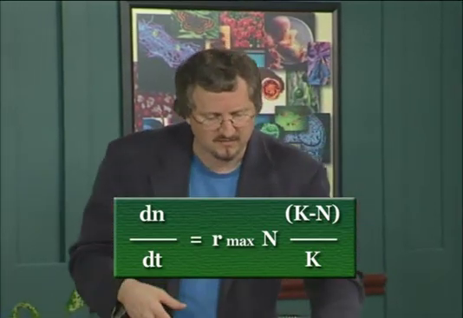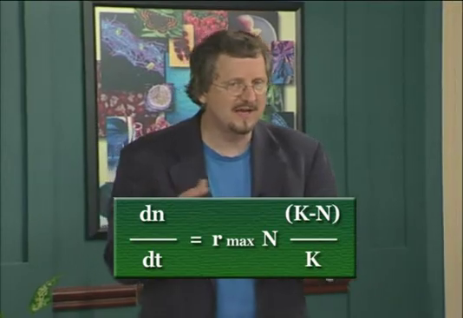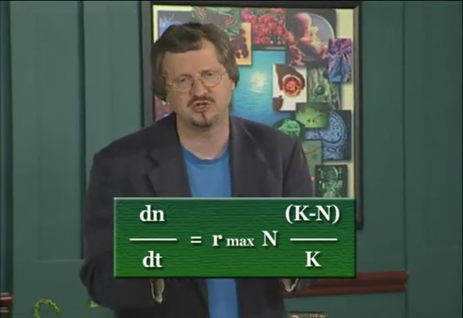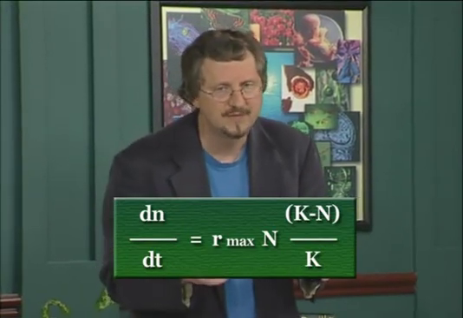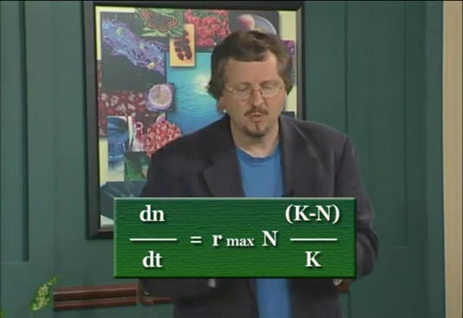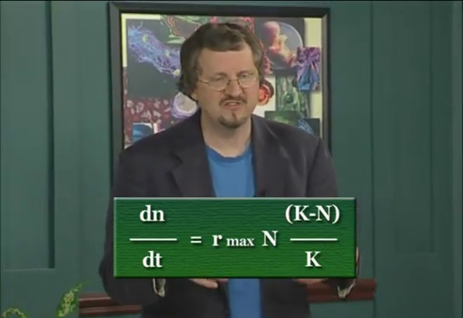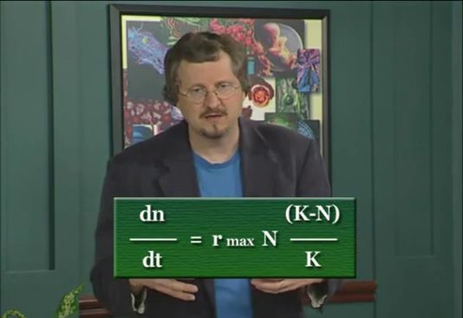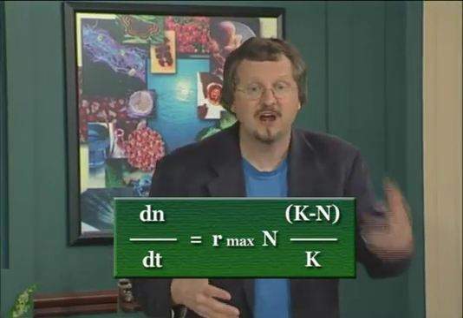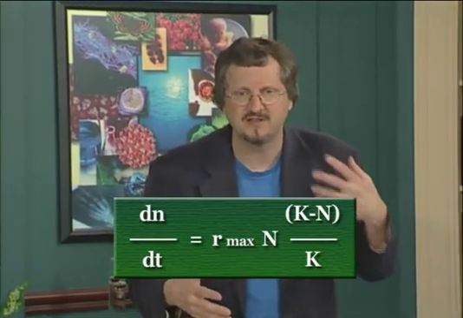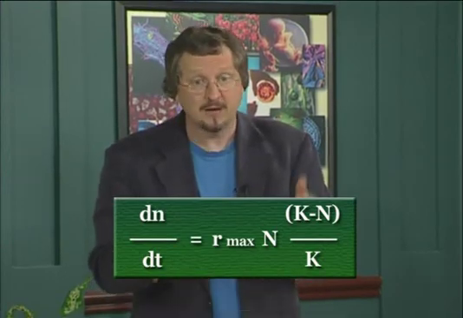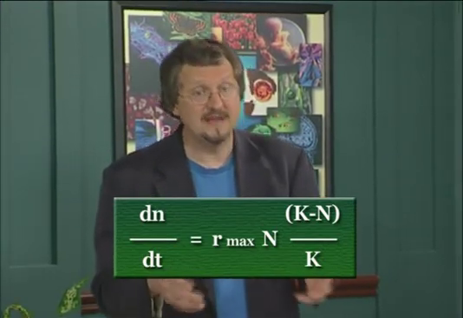Now, I don't want to spend a lot of time on the mathematical details, but I want to tell you what this term that we've added to the logistic growth equation is doing. (K minus N) divided by K will approach 0 as N, the size of the population, becomes closer to K, the carrying capacity, the total number of individuals in theory that can fit in the population, because (K minus N) over K becomes a smaller and smaller number as N increases.